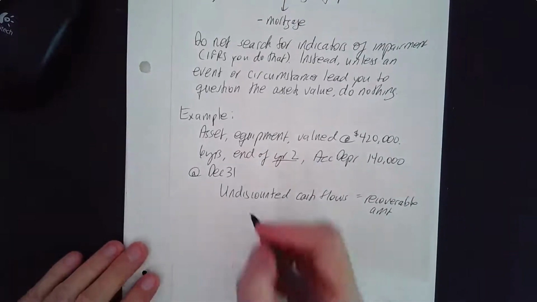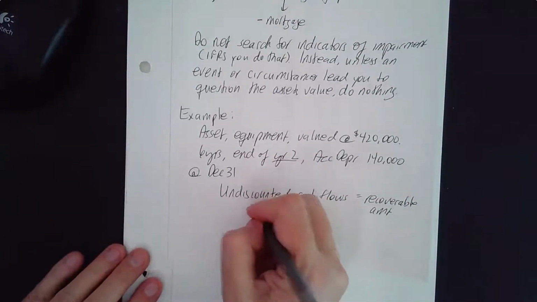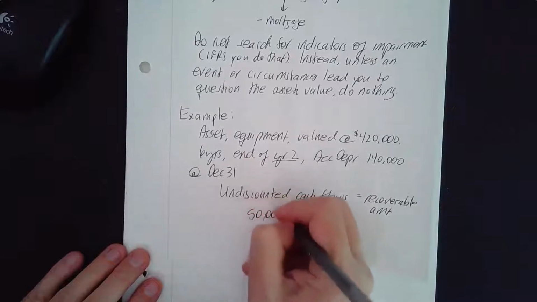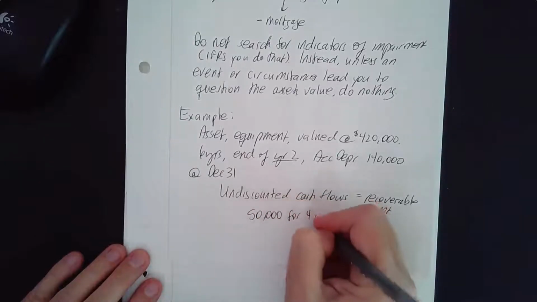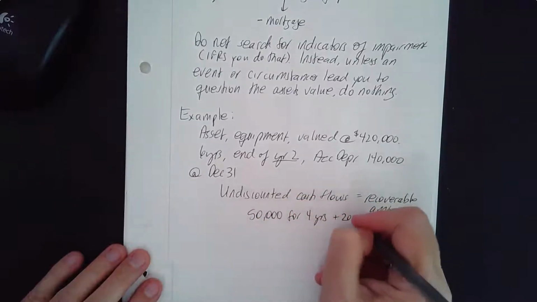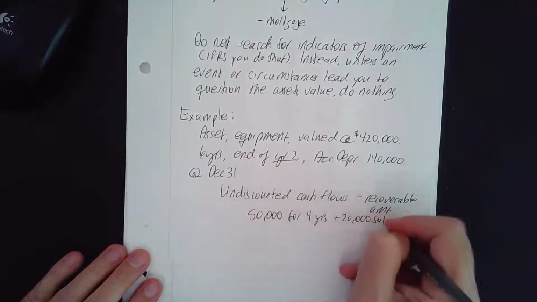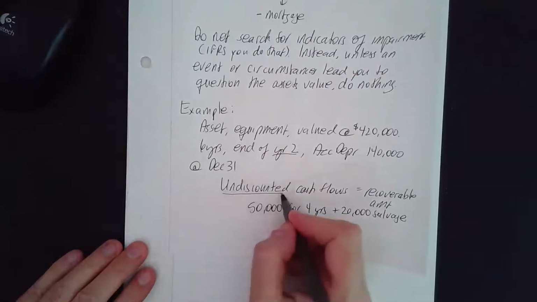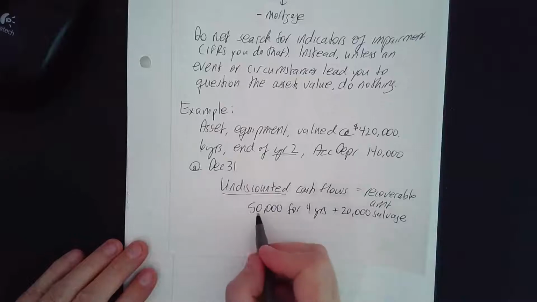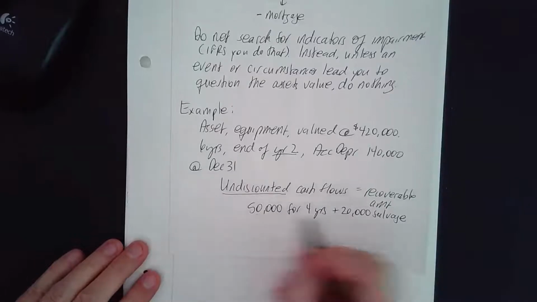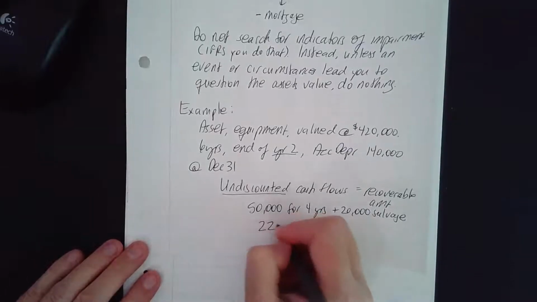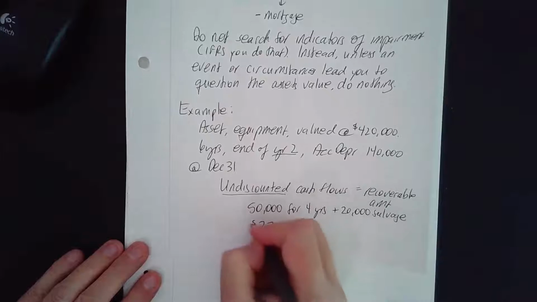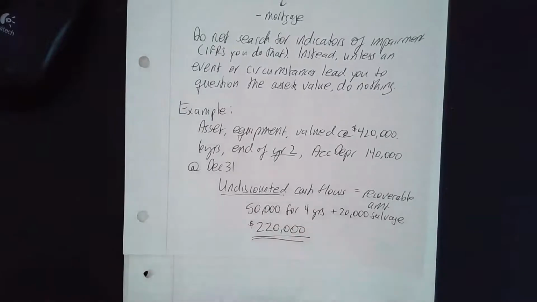And remember from our old question under IFRS, it was $50,000 for 4 years plus $20,000 salvage. Okay, undiscounted though. So we're simply going to say it's $220,000. That's what it is.